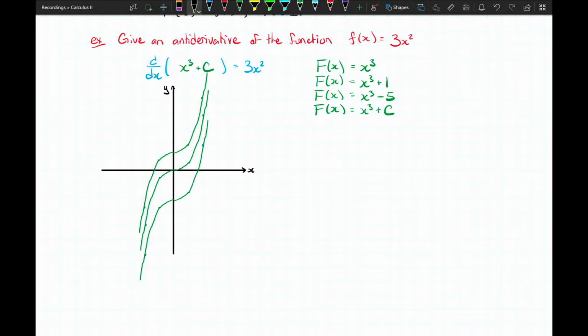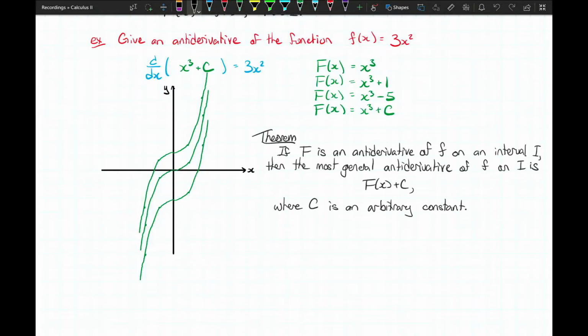And then I've simply shifted it up and down into a couple of other very similar looking graphs, but they would all have the same rate of change. At 0, for instance, they would all have the derivative equal to 0. And at 1, they would all have a slope of 3. The derivative would equal 3.